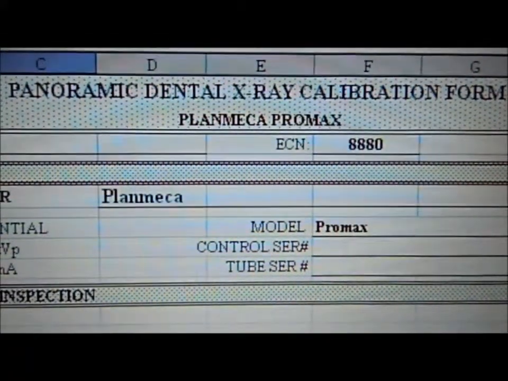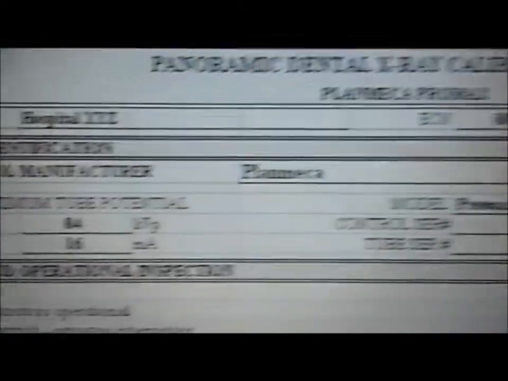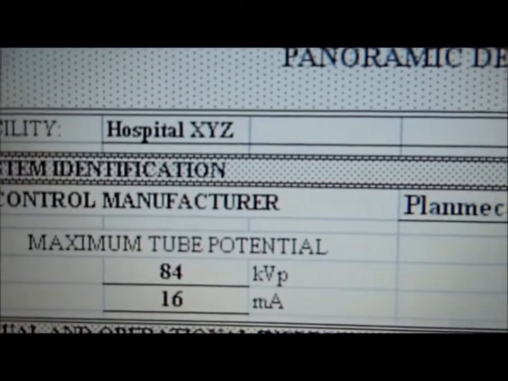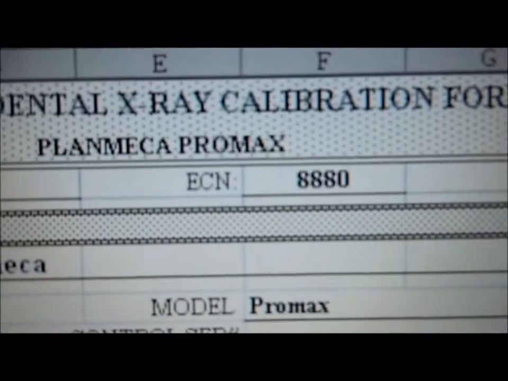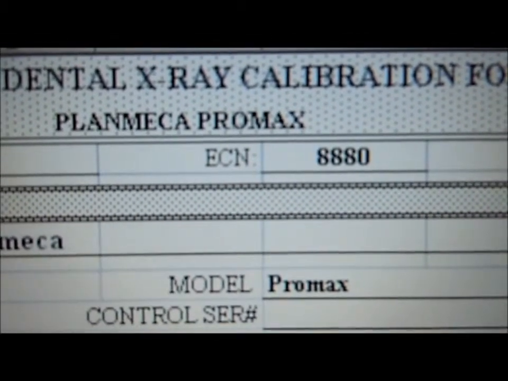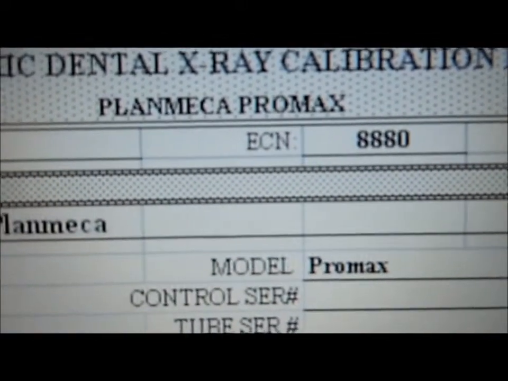Panoramic, X-ray, PCRI, or post-calibration form. Here at the top we have the facility name, Hospital XYZ, along with the equipment control number, or ECN, also known as the asset tag or index number.